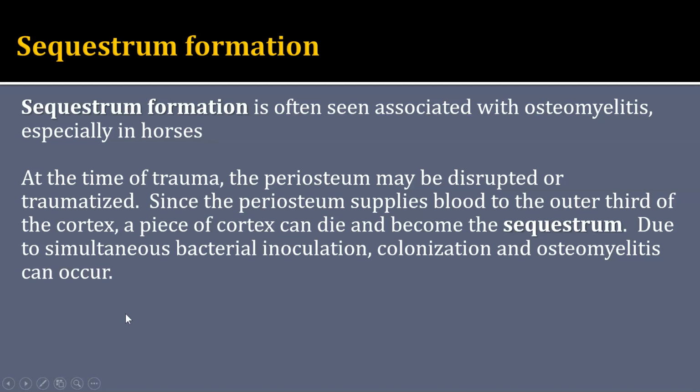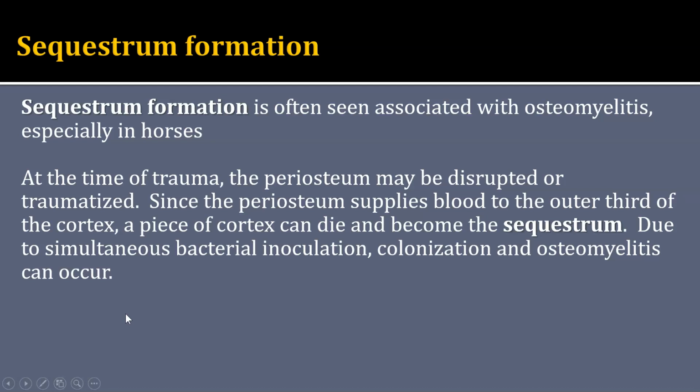And it can actually be lifted away from the cortex. That periosteum supplies blood to the outer third of the cortex. And so if that blood supply is removed or damaged, then that piece of cortex can actually die. And when it dies, that is what is known as the sequestrum.